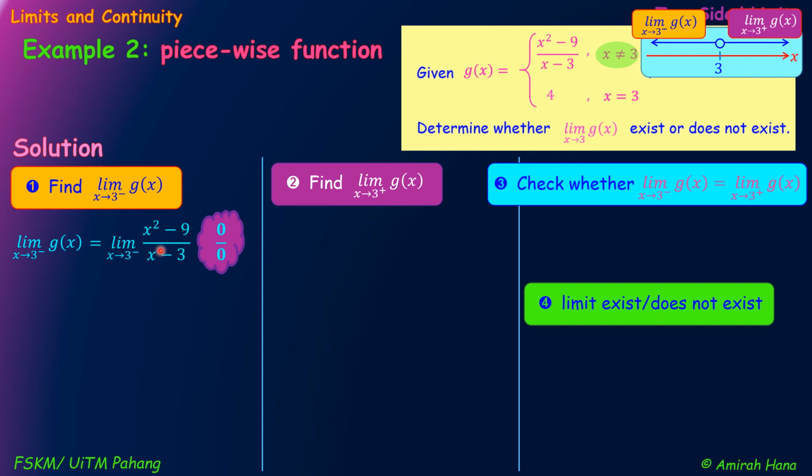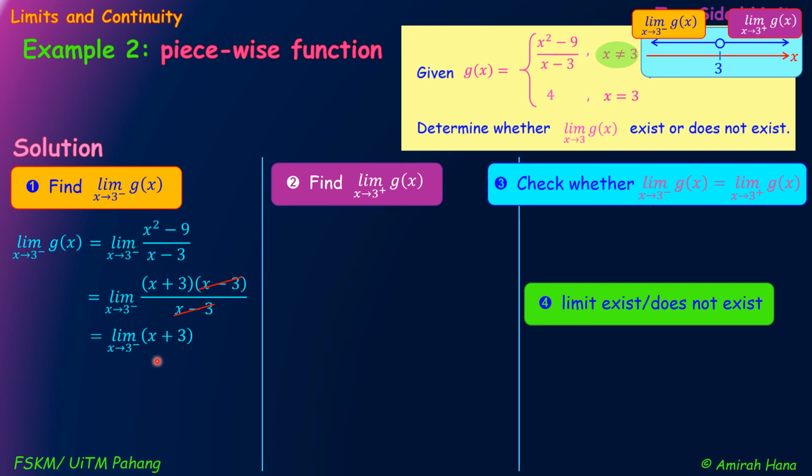Okay? And then from here, we have a quadratic function, so we need to factorize, right? After we factorize this quadratic function, we get (x plus 3) times (x minus 3). Then we have the same factor in the numerator and denominator, so we can cancel it. Then we have the limit as x approaches 3 from the left of x plus 3.